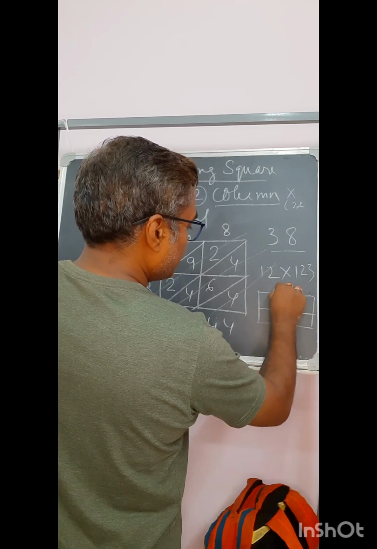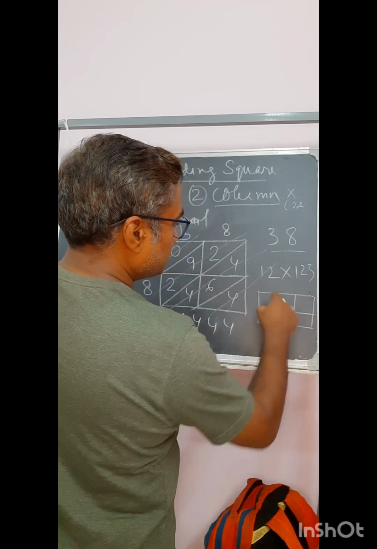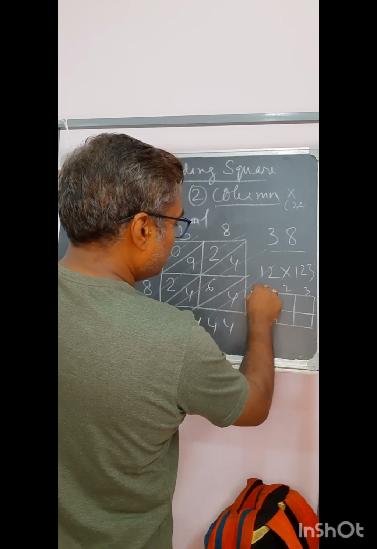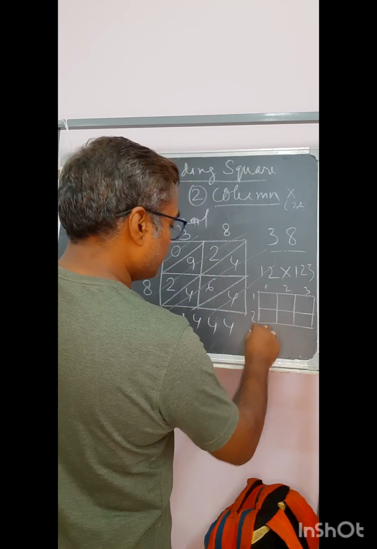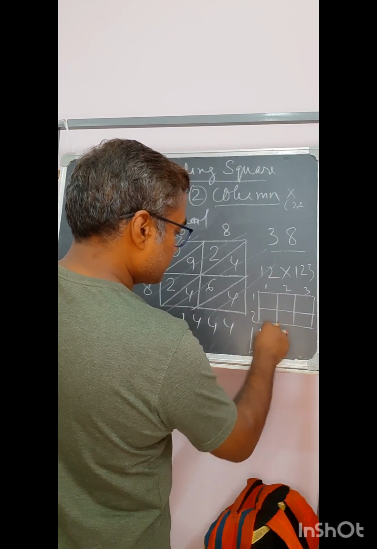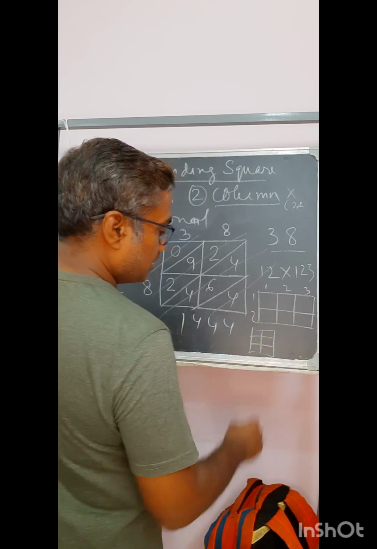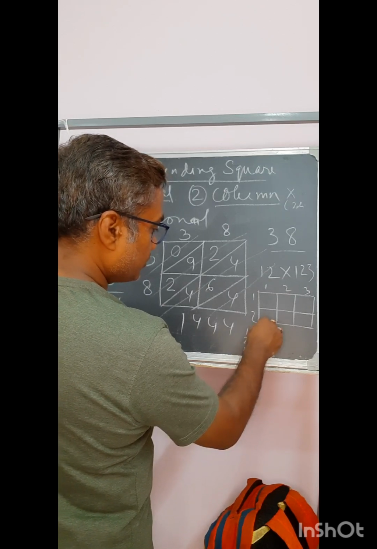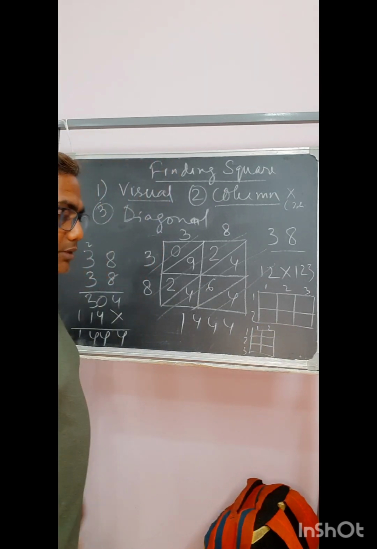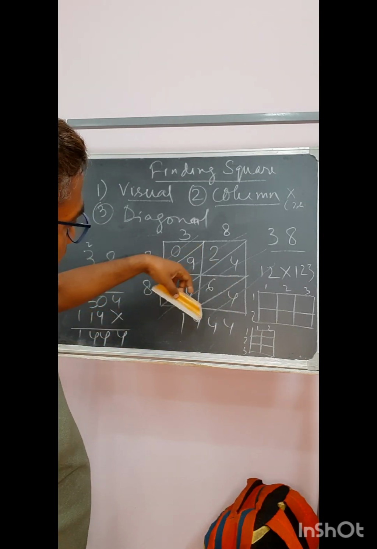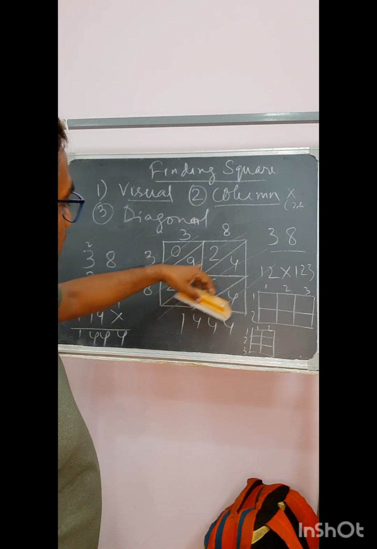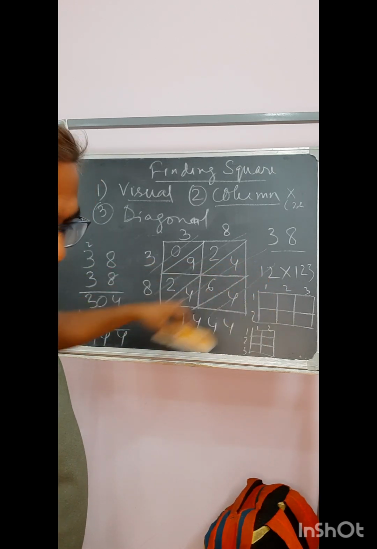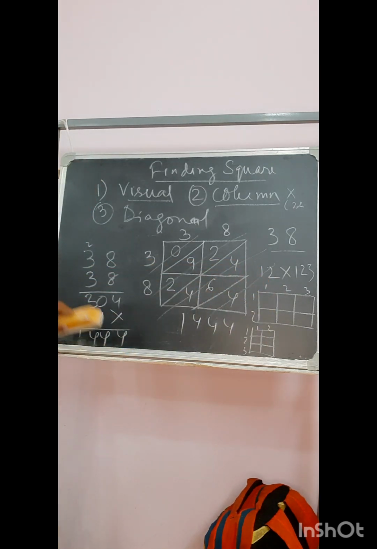You can divide this number in cells where the 3-digit number will be here and the 2-digit will be here, or the other way around. You can bring it in this fashion also, where you divide more numbers horizontally and fewer vertically. The process is that you have to divide it diagonally, put the numbers likewise, then add according to the diagonal strikes where they cut the numbers.